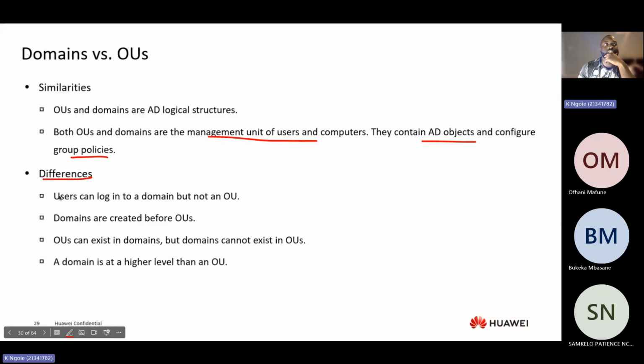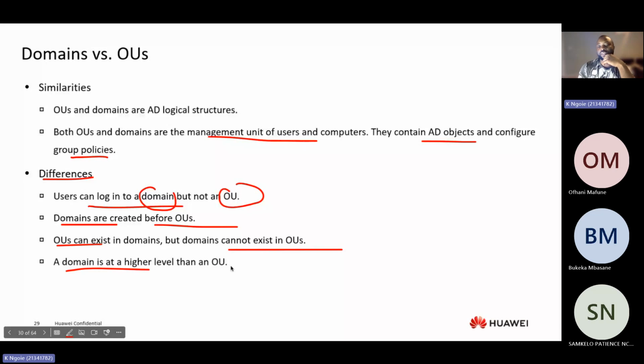Now, the difference is that users can log into a domain, but not an OU. Domains are created before OUs, and OUs can exist in a domain, but a domain cannot exist in an OU. A domain is a higher level than an OU.